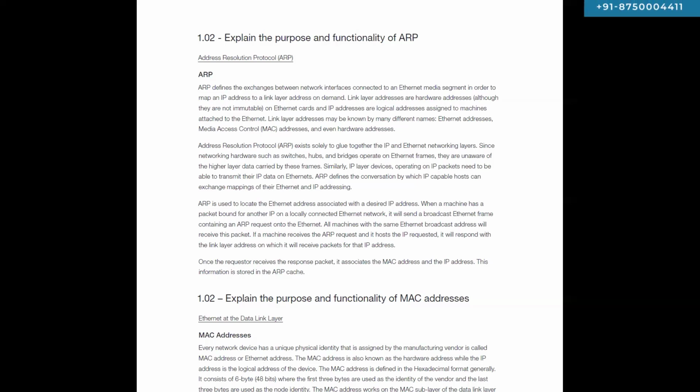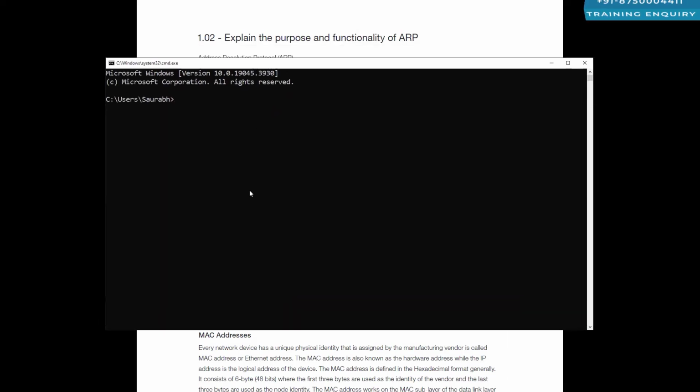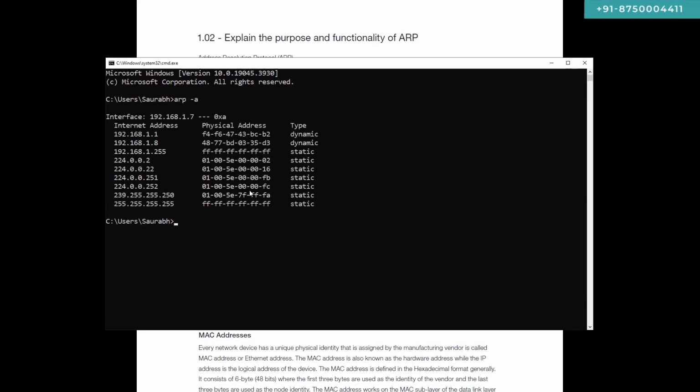And also it is going to have a local ARP table. Like if I take the example of my laptop, right? If I go to CMD, let me share my screen here for the command console. In command mode, you can say arp -a, and this output will display the IP addresses and the MAC addresses that it has learned.